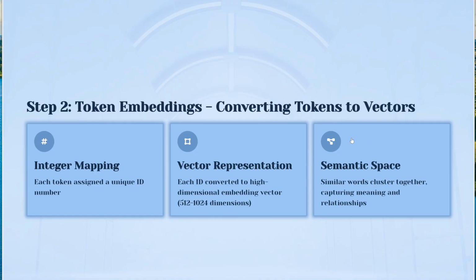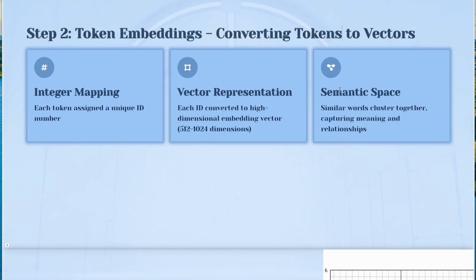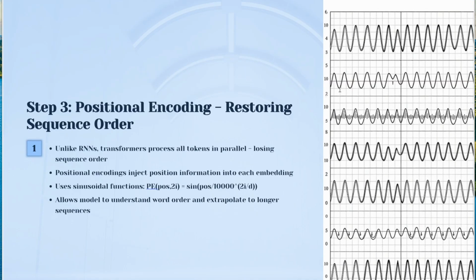Now let's move on to the next thing, which is positional encoding. Unlike RNNs, the recurrent neural networks, or long short term memory units or the GRUs, transformers process all tokens in parallel.